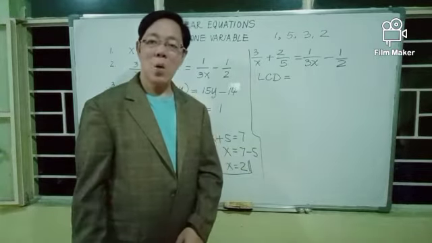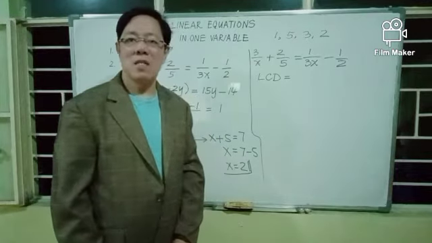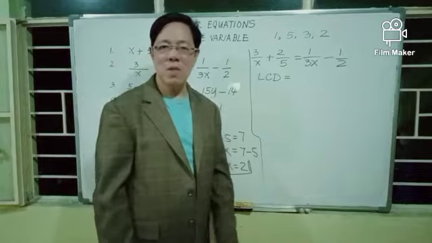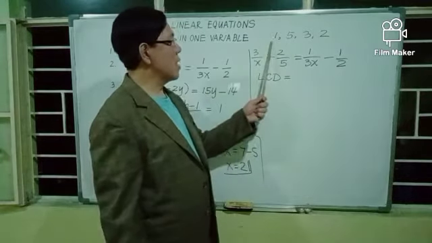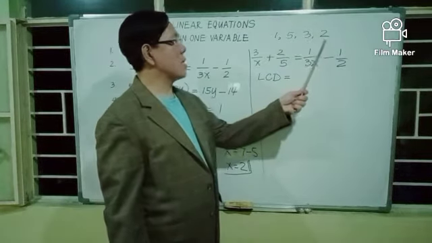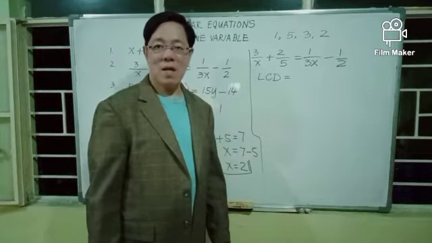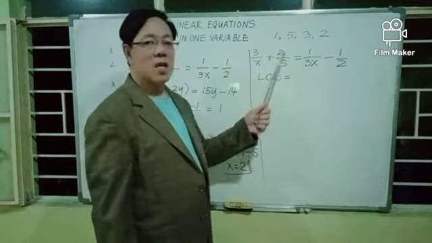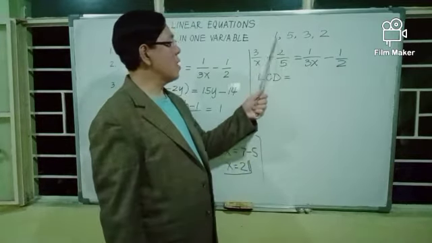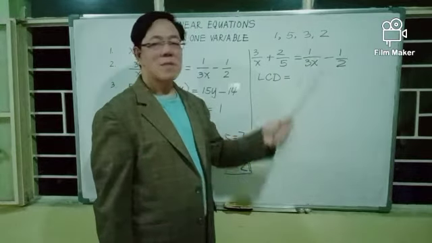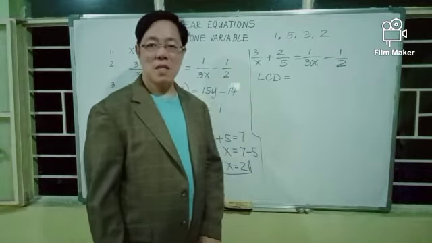And if you know your multiplication table well, it will be easy for you to think of that smallest number. Now, for instance, you thought about 10 as the LCD. You check. 10 can be divided by 1, by 5, by 2. But 10 cannot be divided by 3. So 10 cannot be the LCD.